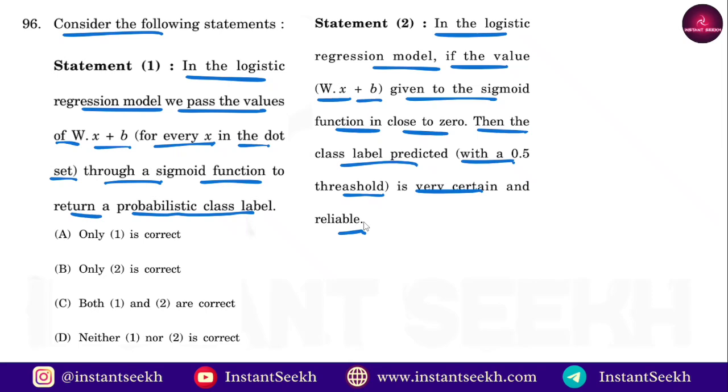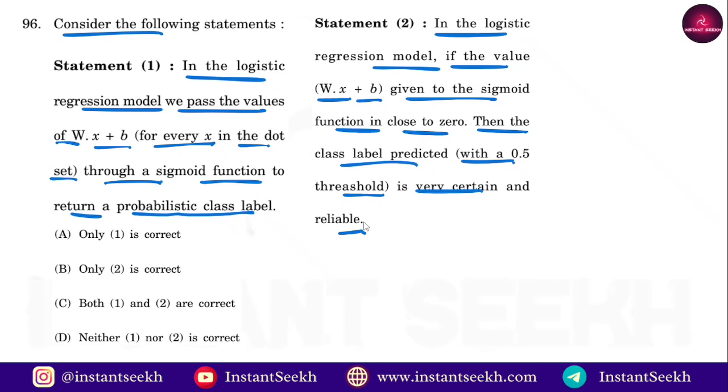First is logistic regression, where we pass the values W dot x plus b through a sigmoid to return a probabilistic class label. And second is if W dot x plus b is close to 0, the class prediction is certain and reliable. We need to identify which one from the options is true.